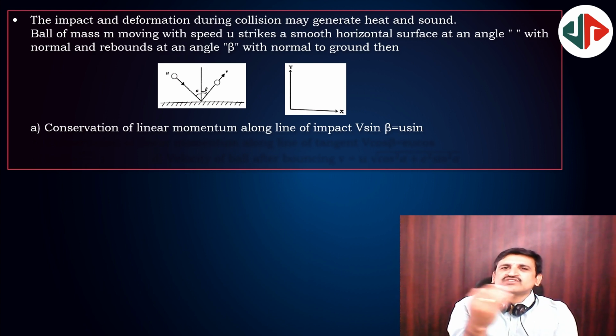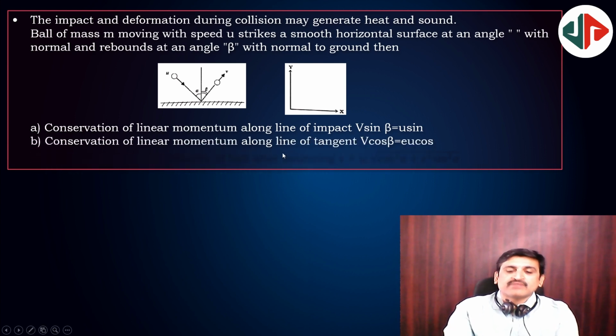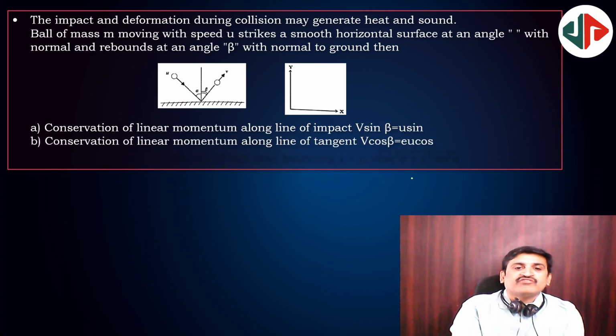There is no force in the horizontal direction, so the horizontal velocity and momentum will be the same. v sin beta is equal to u sin alpha, and v cos beta is going to change. So the final velocity is e u, that is, e u cos alpha. The final velocity is e times the initial velocity.